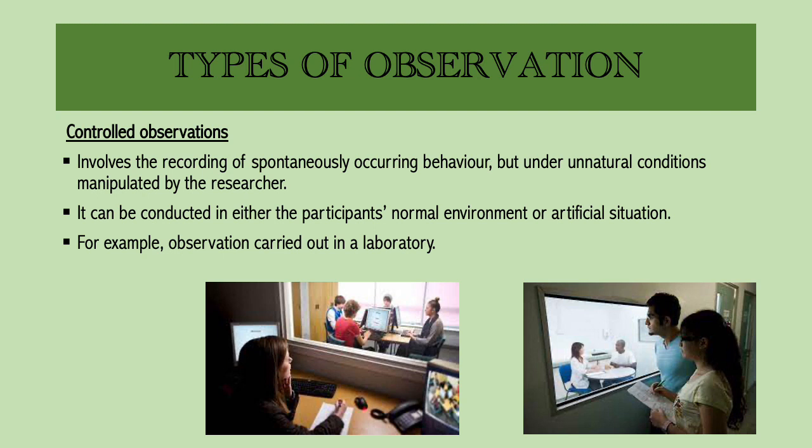So the second bullet point there, it can be conducted in either participant normal environment or artificial situation. It's true. Here, it's an artificial situation because it's inside the lab. It's not something that they do at home. But it says it can be either in participant normal environment. What this means is, for example, it was conducted at home, in a normal environment, but the setting of the house was manipulated by the researcher. For example, they set up cameras, they set up CCTV.